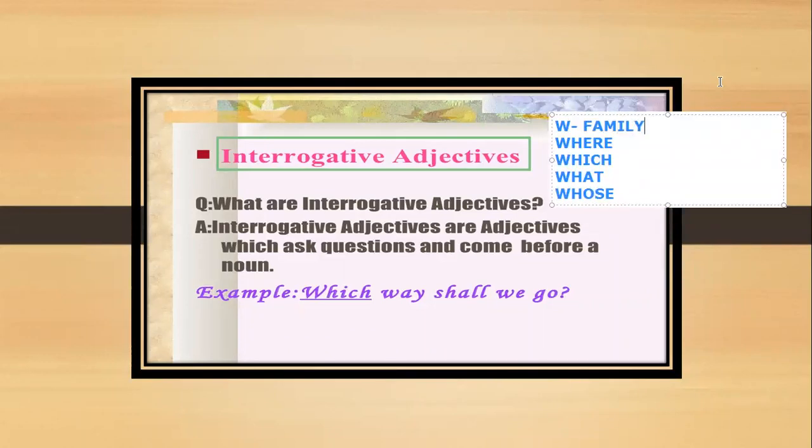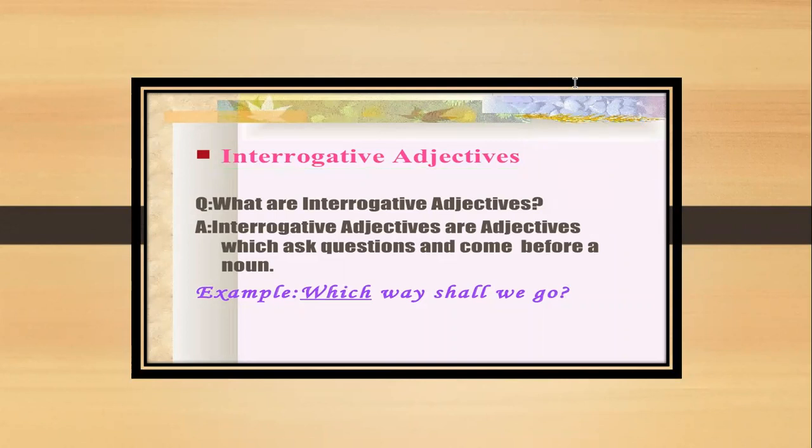You can see it. Whenever these words come, they are interrogative adjectives. Let me give you some more examples. Like, which book are you reading? In this sentence, book is a noun. Keep that in your mind. I hope it's clear now.